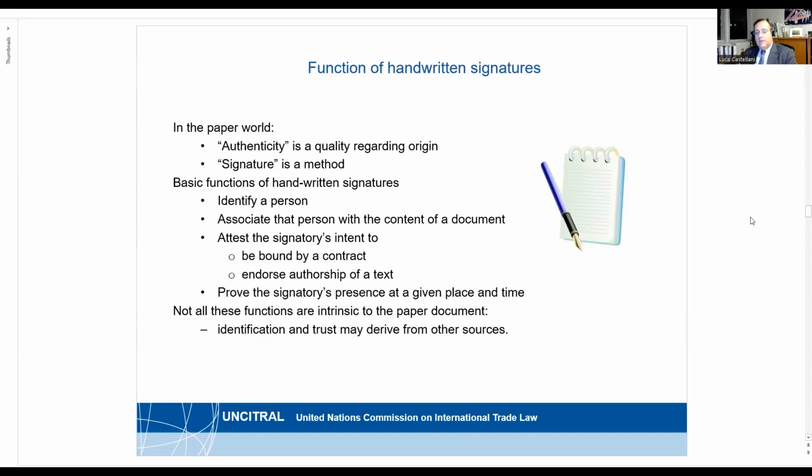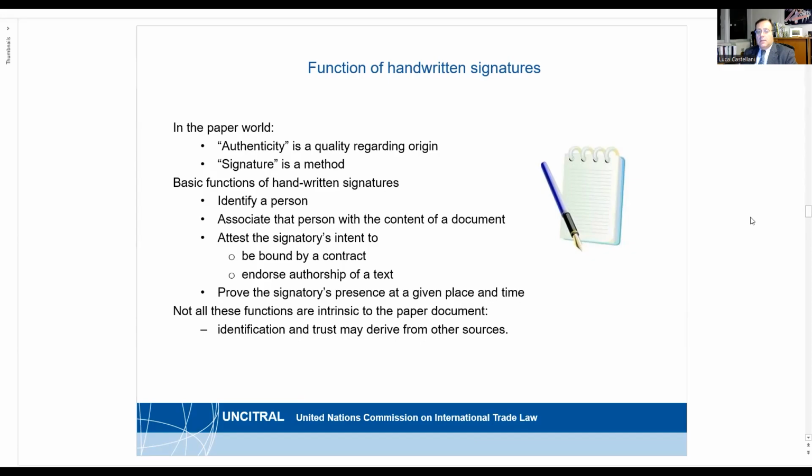The signature is a method, and the quality is called authenticity, that is to say, whether that document really comes from a certain person or not. So by using a signature, but in some cultures by using a seal, a personal seal, we can identify a person. We can associate that person with the content of a document.